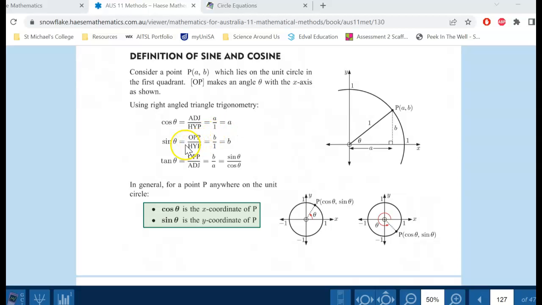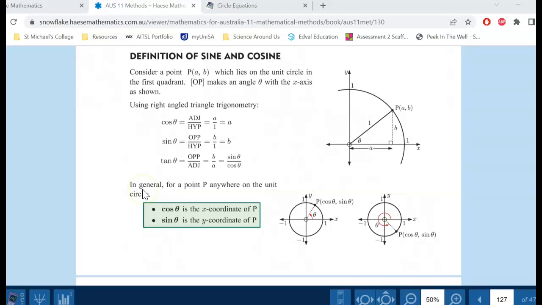Now, if we think about sine theta, which is opposite over hypotenuse, it's going to be B over 1, so you can see that sine of theta is equal to B. And basically what that means is we've just shown that for this right angle triangle, our value A is going to be equal to cos theta, and our value B is going to be equal to sine theta.